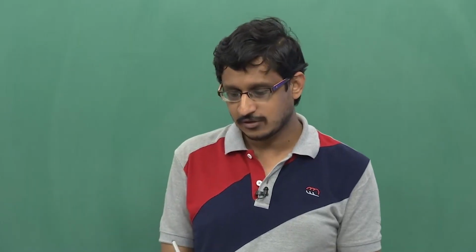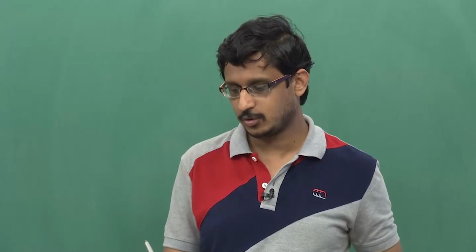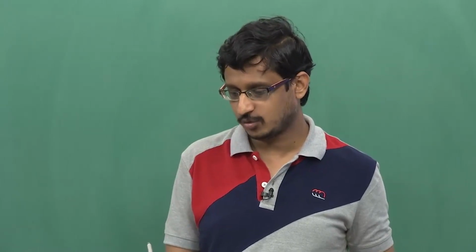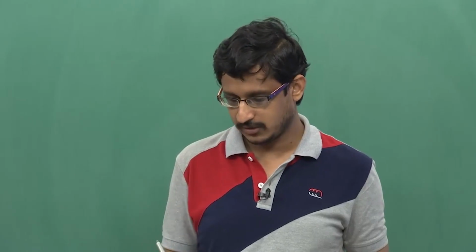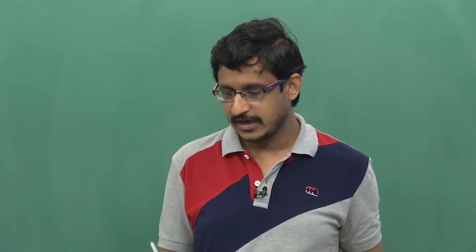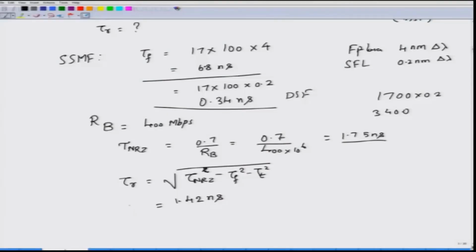In this case, the receiver rise time is given by the square root of tau NRZ square minus tau f square minus tau transmitter square. You can substitute all these values, and it will turn out to be 1.42 nanosecond. Okay. So, the receiver rise time is around 1.42 nanosecond, which is much smaller than 1.75 nanosecond.